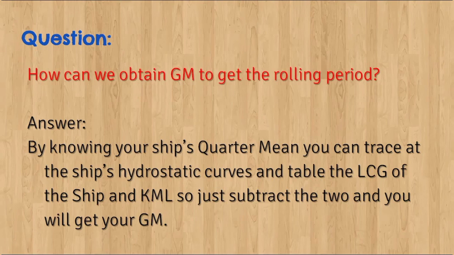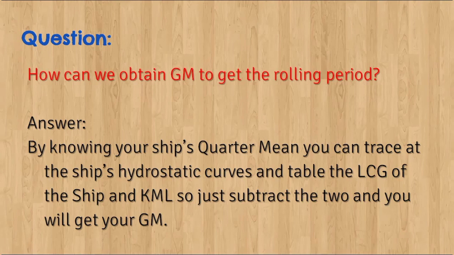If we have the draft survey and the quarter mean already, then you can trace it in our ship stability booklet, specifically in our hydrostatic table, where you can see the equivalent KML, which is the height of the metacenter above the base of the keel, and the equivalent LCG, the height of the center of gravity above the base of the keel. So you just need to subtract the two and you will obtain the value for GM for the anticipation.